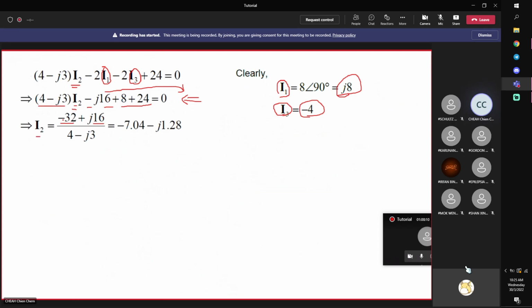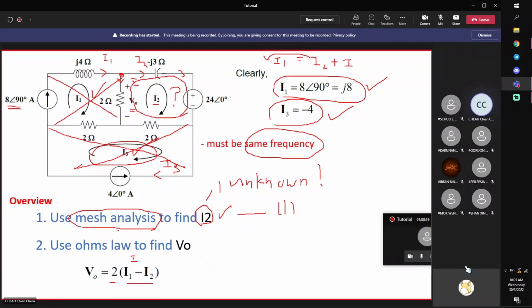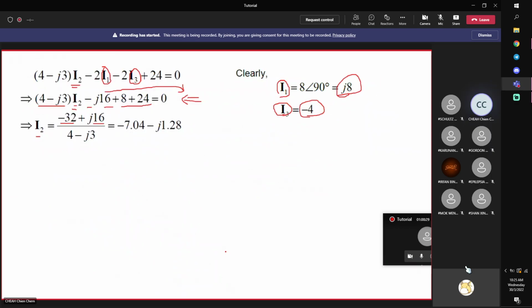After this one, I2. Now, take note, go back again to our overview. I want to find the current, so I need to subtract I1 and I2. So therefore, subtraction, you need rectangular form.